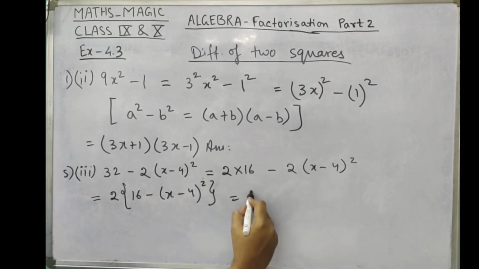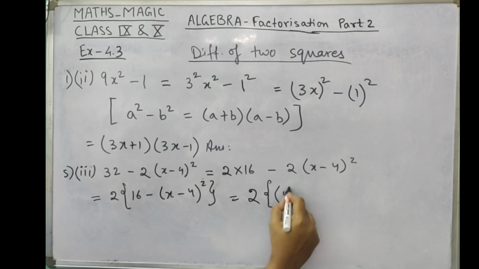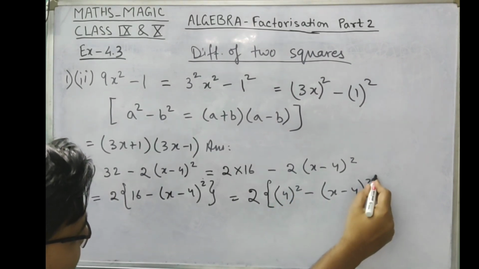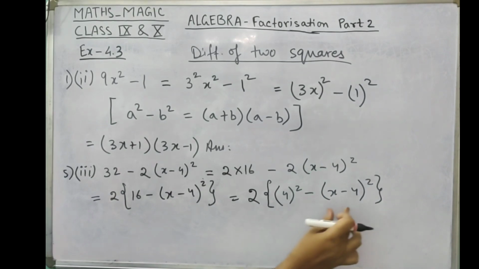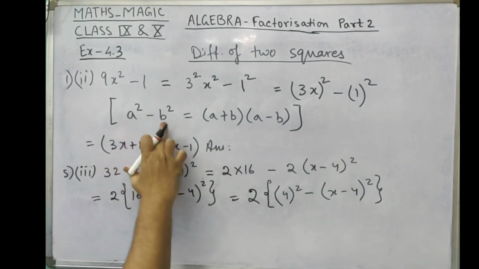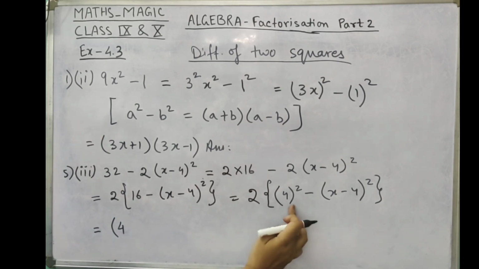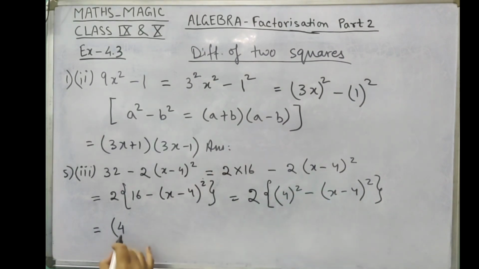Now 16 is the square of 4 minus x minus 4 whole square. So now we have a square minus b square, just like this one, a plus b, a minus b. Now let us put this. a is 4 and this entire thing is b.